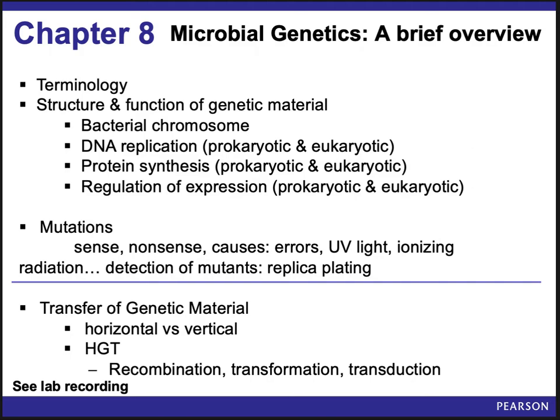We will then go into the structure and function of genetic material, DNA, and look at some of the differences between prokaryotes and eukaryotes as they replicate their DNA, as they use their DNA to make mRNA and then translate that mRNA into protein, and then also ways that they regulate expression of the genes within their DNA. And you'll see that there's not too many differences that we're going to focus on.